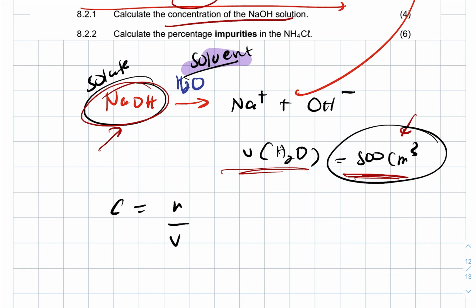So we are looking for the amount of the sodium hydroxide in the volume of the water, which is the solvent. In order to do that, we're going to need the number of moles, and then we're going to divide it by volume. The volume, like I said, is the same volume.